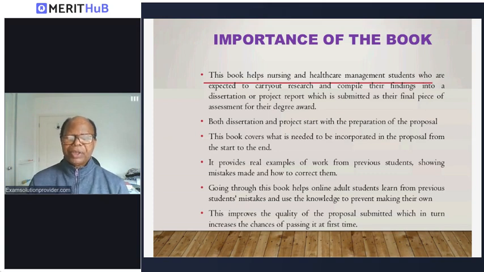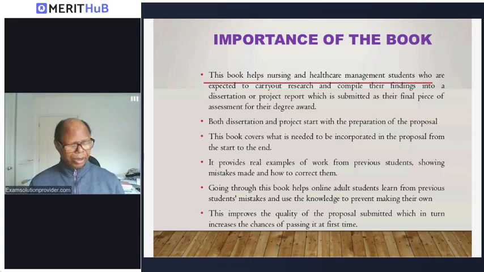Therefore, students who went through this book learn from previous students' mistakes and use that knowledge to prevent making their own. In that process, it helps them to improve the quality of the proposal they submit, which in turn increases their chances of passing the first time.